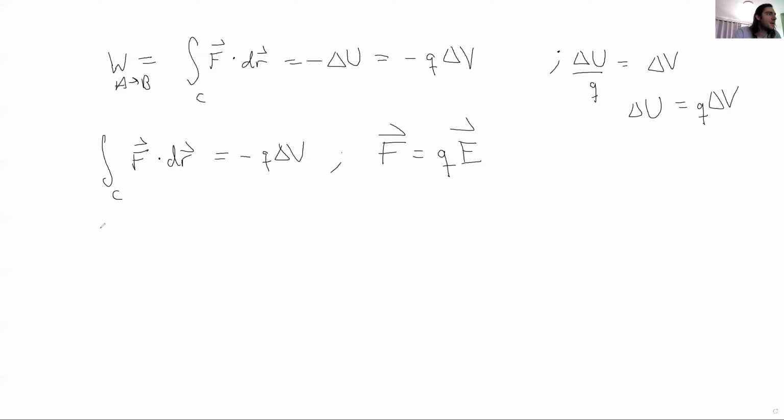So we substitute into the integral expression Q times E, dot dr still, equal to minus Q times delta V. Then we can cancel Q's on both sides. And so now instead of dealing with forces and potential energy, we're dealing with electric fields and electric potential.